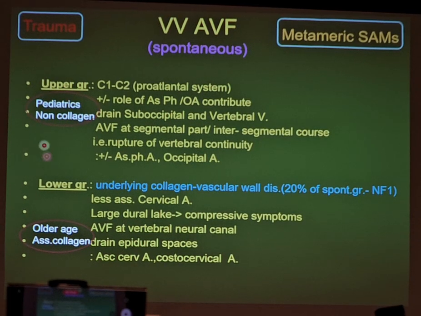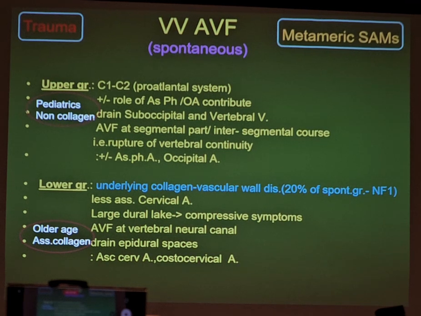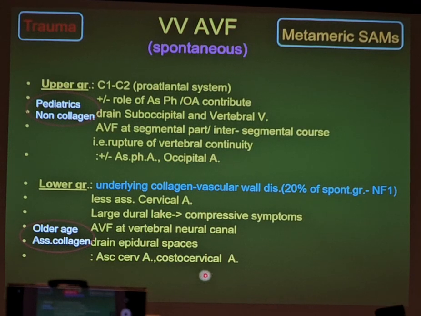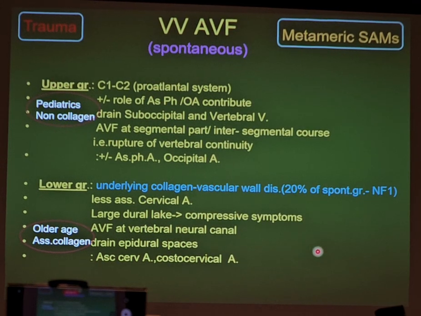We can divide it mostly into an upper group and a lower group, where C1, C2, C3 up to C4 is mostly seen in the pediatric population and not related to collagen vascular disease, while the lower group we see more in the older age group and it can associate with collagen vascular disease, for example, NF1.